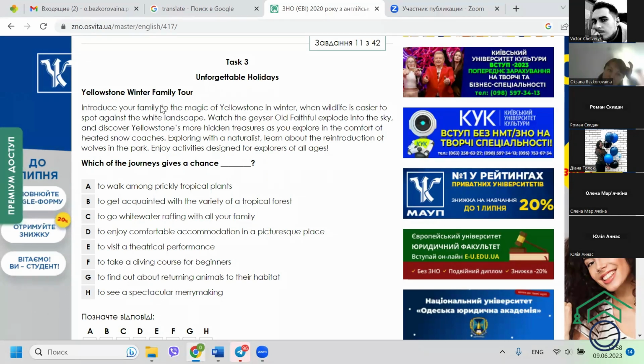Yellowstone Winter Family Tour. Introduce your family to the magic of Yellowstone in winter, when wildlife is easier to spot against the white landscape. Watch the geyser Old Faithful explode into the sky and discover Yellowstone's more hidden treasures as you explore in the comfort of heated snow coaches.